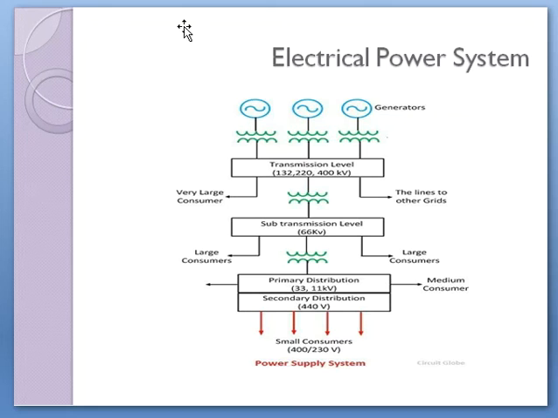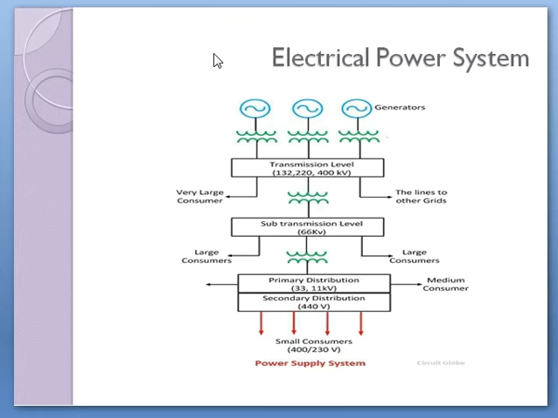Now we can see here the transmission line level voltages, they may be 132 kV, 220 kV, 400 kV, 750 kV, 1000 kV, depending upon the level of the generation that is being done in the power plant.